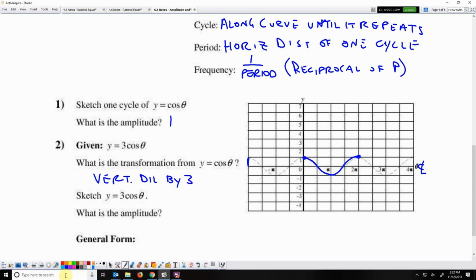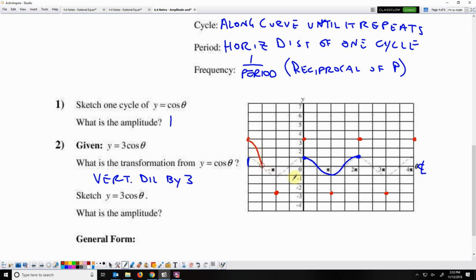Okay, so my graph will have every maximum multiplied by 3. And every minimum multiplied by 3. Okay, so my graph is going to look like this. And when it's at the top or the bottom, it's going to be curvy. So it comes out of this in a curve.